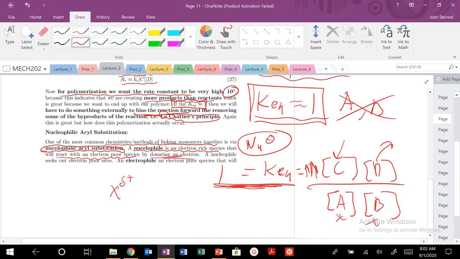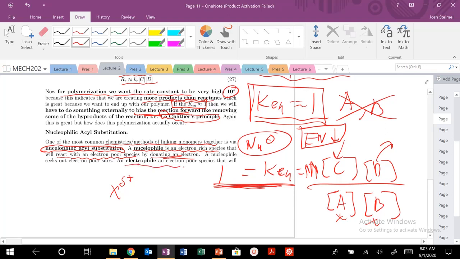When you think about donating an electron, we're looking for materials that are electron-rich and have low electronegativity. That would be our ideal nucleophile: something partially negatively charged because it has an excess of electrons, and has low electronegativity because we want to give up that electron and react with electron-poor sites.